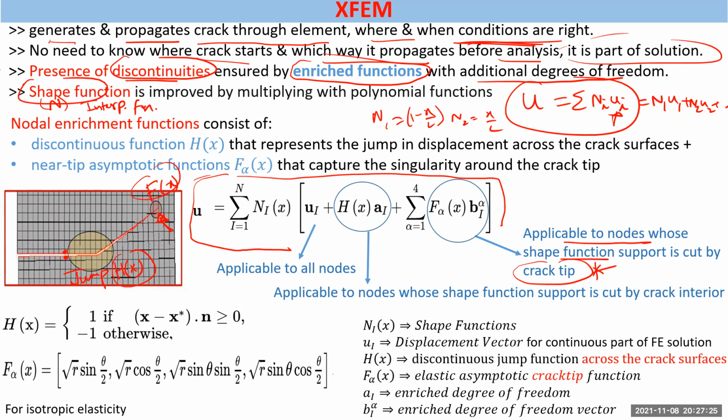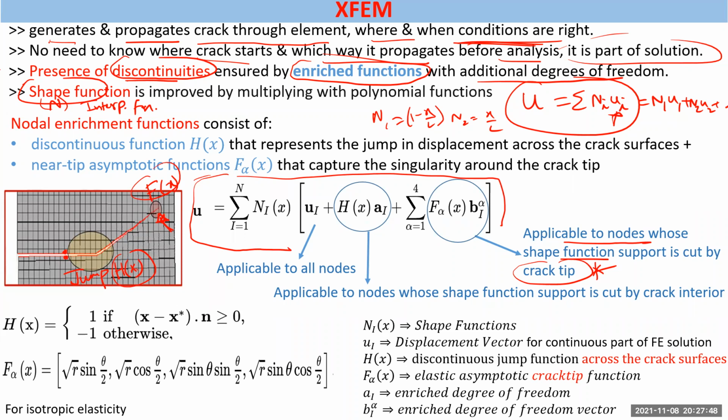The Heaviside function is nothing but 1 and minus 1, right? Heaviside function you would have come across in math. So that's a jump. It's multiplied by ai, and the f of x is multiplied by bi. Those are coming from the phantom nodes. So these are the extra things coming. Ui is for your real nodes.